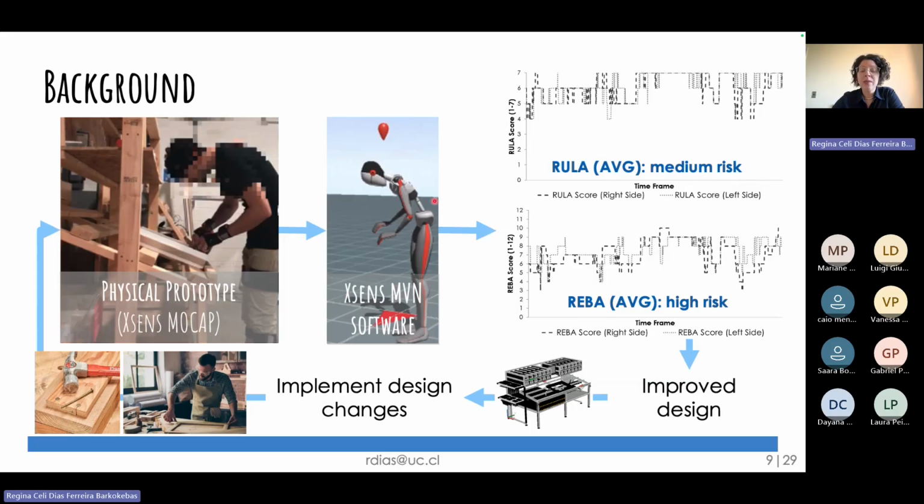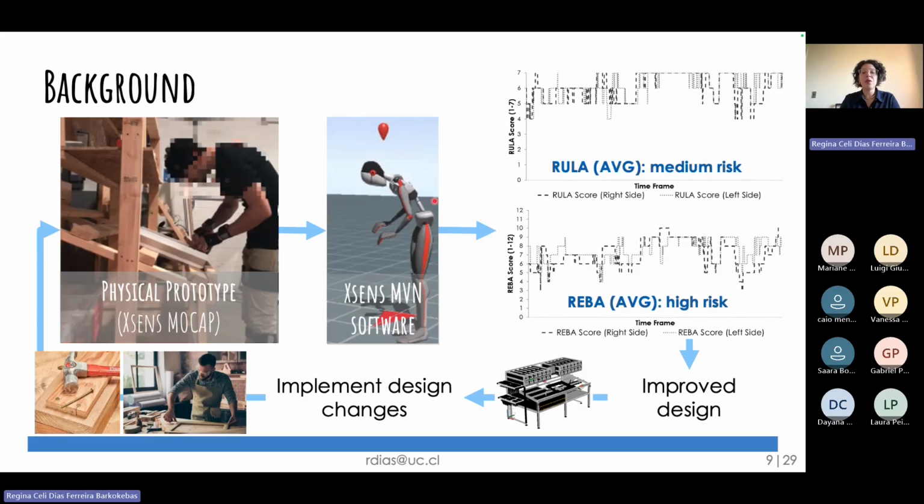So thinking about trying to solve this last part, I thought, why wouldn't it be great if we could do this assessment using virtual reality, because we have the models. Usually when we design a workstation, the design team already works on some sort of 3D modeling.